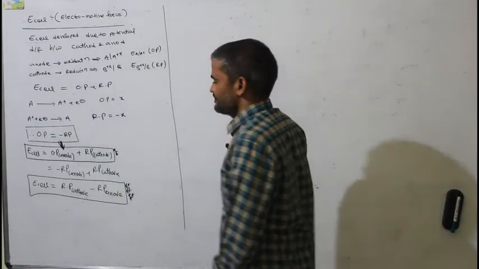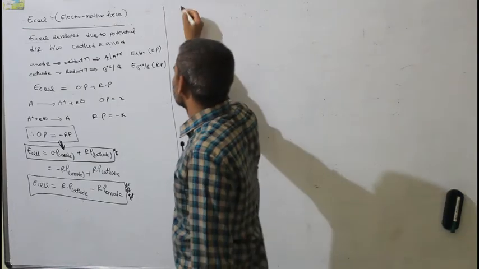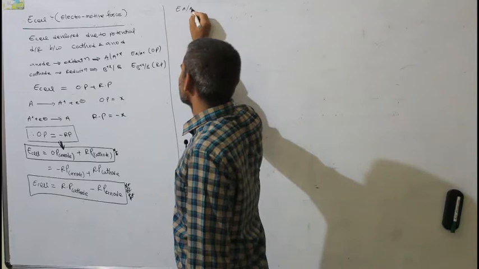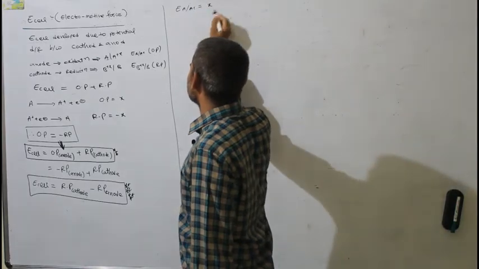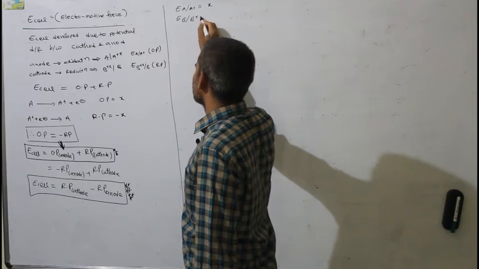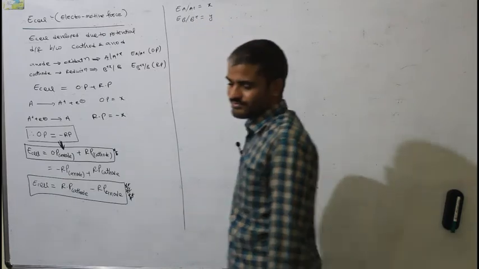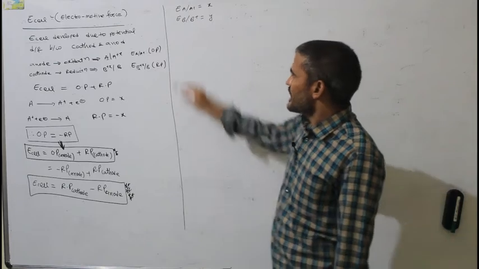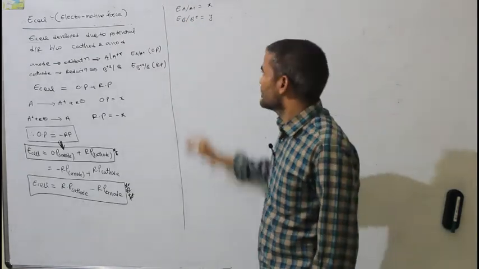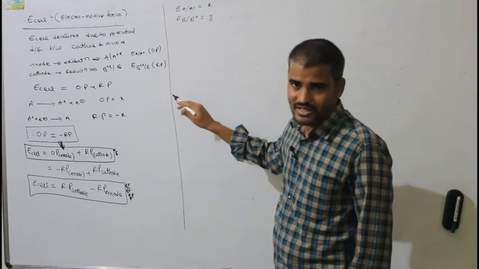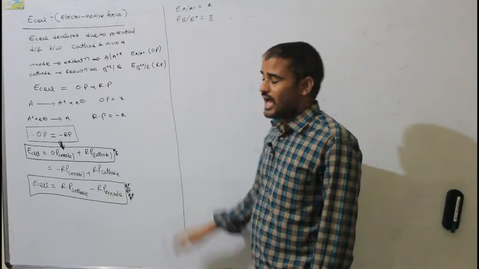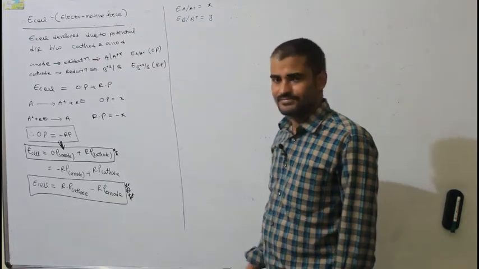Now another formula will also be given. If the values are given like this, E of A plus/A is equal to X, E of B plus/B is equal to Y, and the reaction is happening between both, but both given are oxidation, A became A plus and B became B plus, I have given both oxidation potentials only.